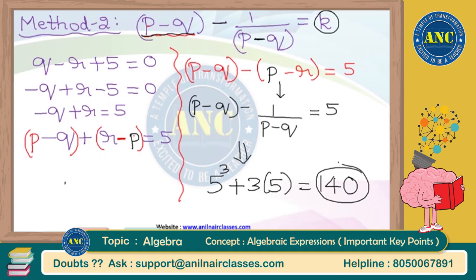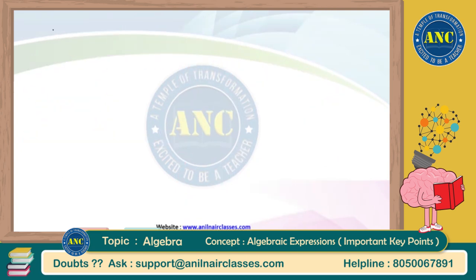I hope method 2 is very clear. But I will not stop at method 2, because wherever there is a possibility, I want to teach my students with multiple methods, so that you will be comfortable with whichever method you think is comfortable for you.